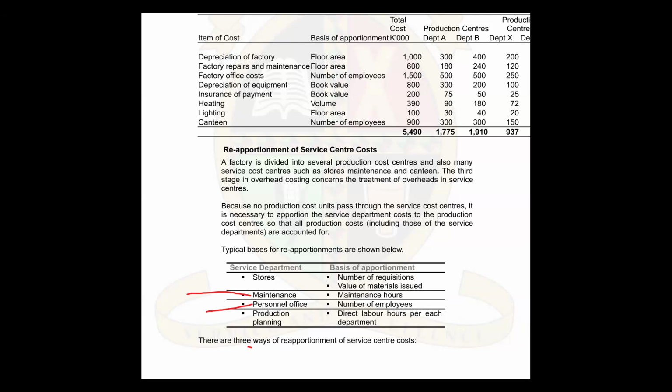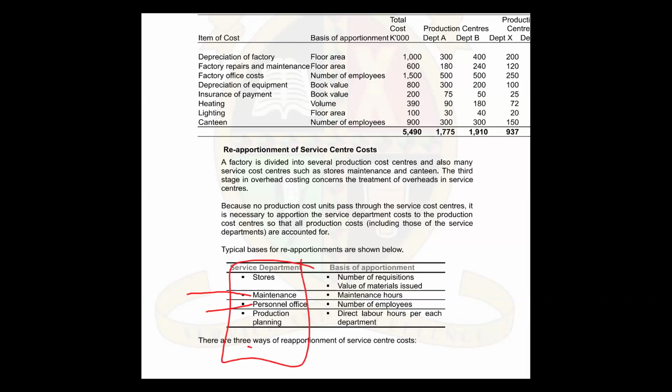The production planning department as well is a service department. It's not a manufacturing department or production center. For that reason, if you have direct labor hours for each department, then you could use the direct labor hours to allocate all the costs that have gone to any of these departments.